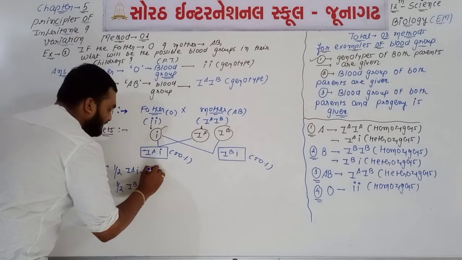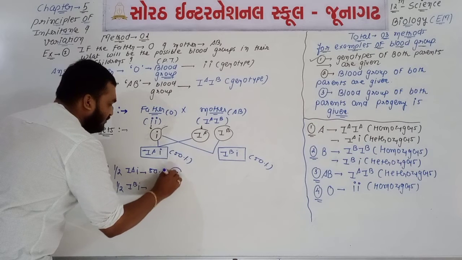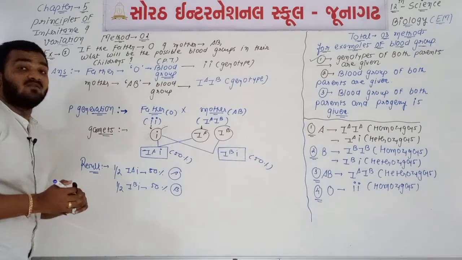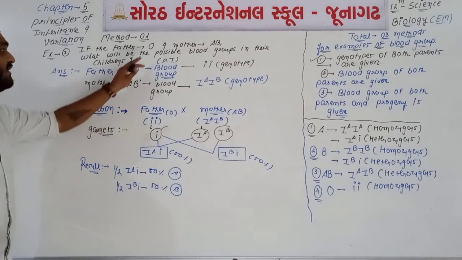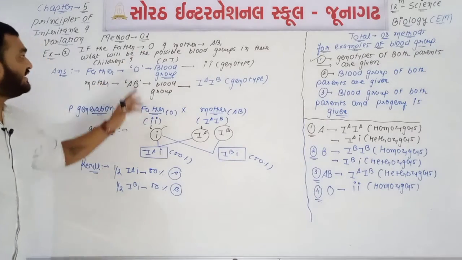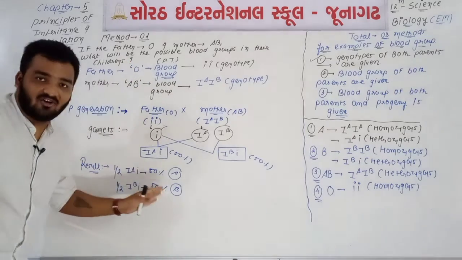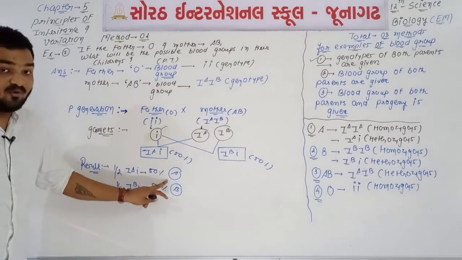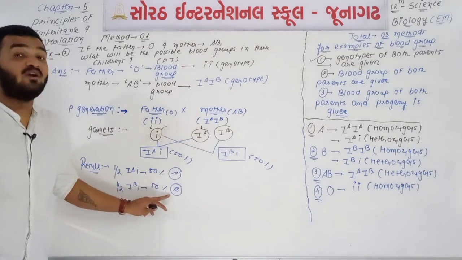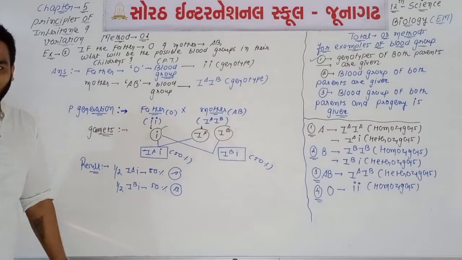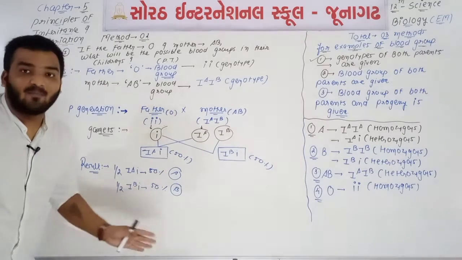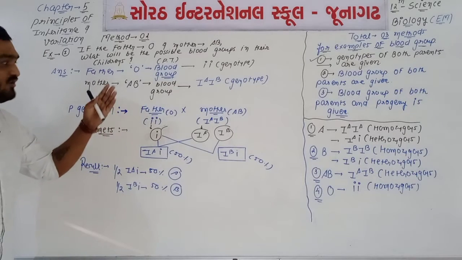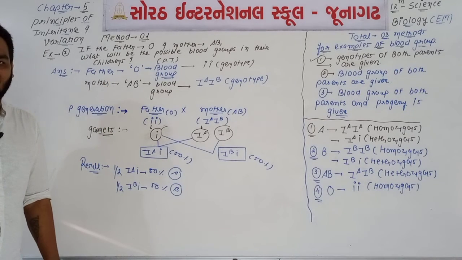It means 50% chances of blood group A and 50% chances of blood group B. See, the father has blood group O and the mother has blood group AB, but their children have blood group A or B. Blood group O is not found in their generation and blood group AB is also not found. You are getting a different type of result which is not there in their parents. Got it? Yes or no?